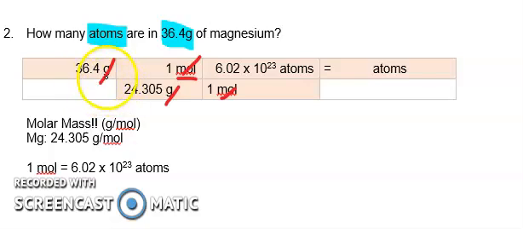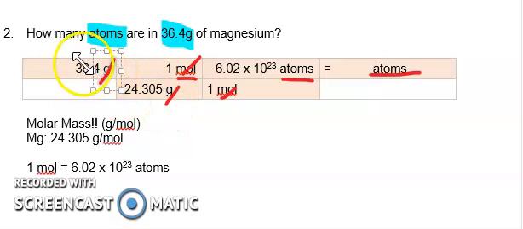So I have effectively canceled out grams, canceled out moles, and I am left with atoms on both sides, and that's what I want. So all I have left to do now is just multiply and divide. Because 36.4 grams and 6.02 times 10 to the 23rd are next to each other, I can multiply those together.